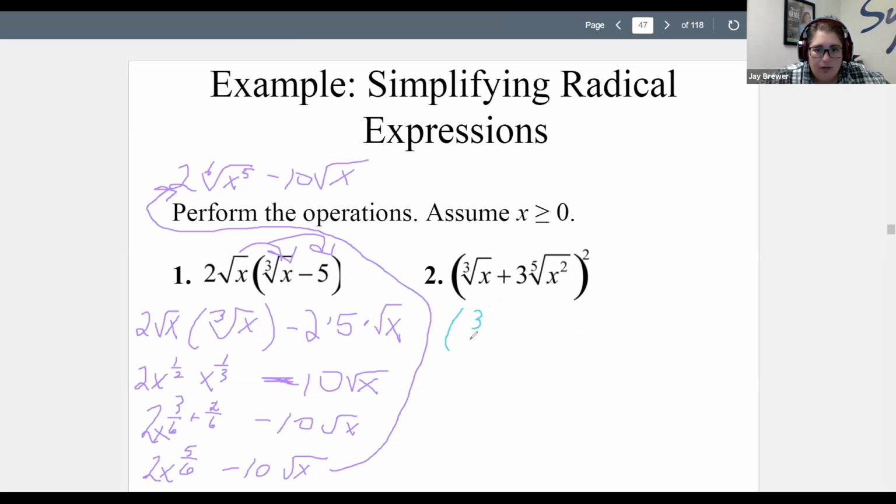So we're going to do 3 cubed root of x squared plus 2 times both terms. So 2 times the cubed root of x times 3 fifth root of x squared plus the last term squared.